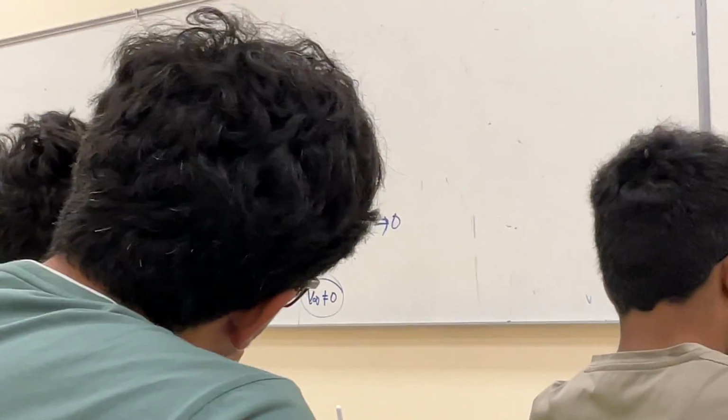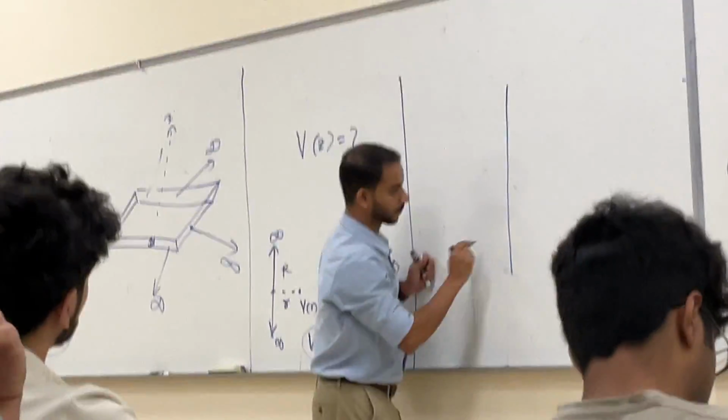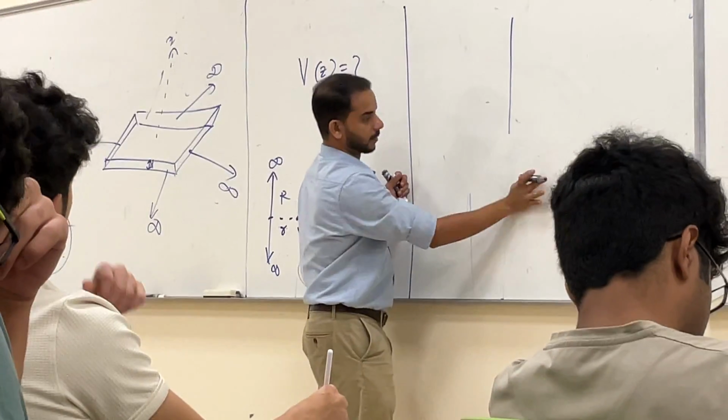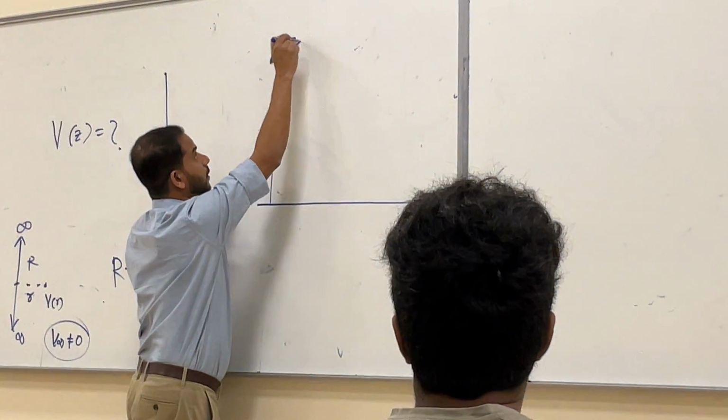But in this case, if you look at the electric field for this particular problem, I have Z as the axis and the electric field as a function of it.